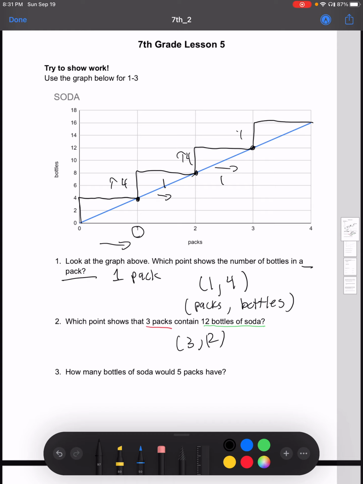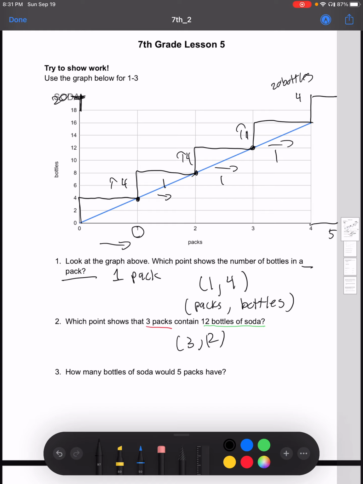So we can continue this pattern of 4 up and 1 across for our 5 packs of soda. Right now at 4 packs of soda, we have 16 bottles. So if we were to go up another 4, we would be at 20 bottles. In other words, we would be at the 20 line point up there.